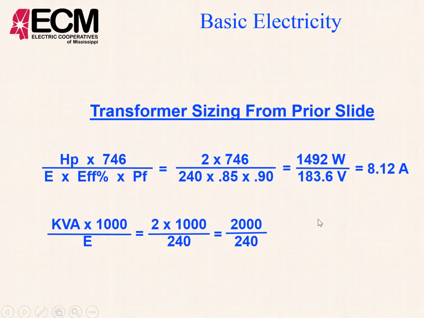So you take a 2 kVA, multiply the 2 times 1,000 to get rid of the K, that's 2,000, and divide it by the voltage, 240. A 2 kVA will provide 8.3 amps. That should not say kVA, that should say amps. So that would match up. So we would choose a 2 kVA transformer in order to supply that 2 horsepower motor.